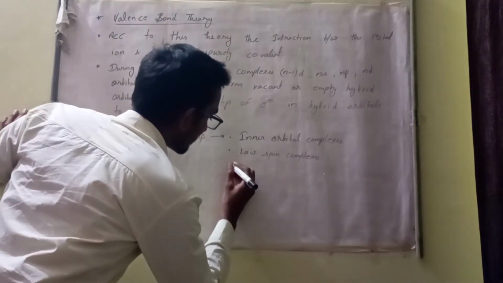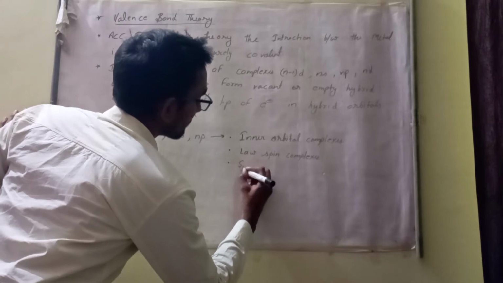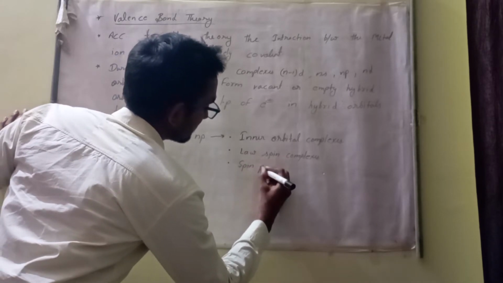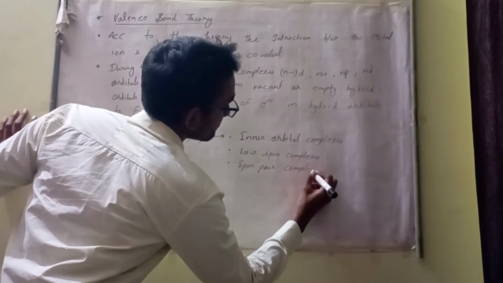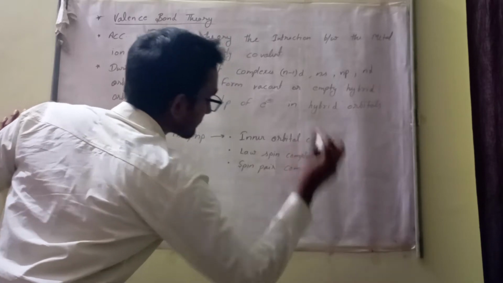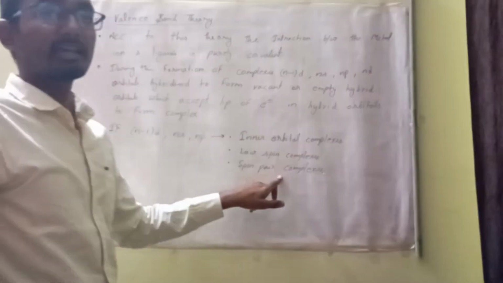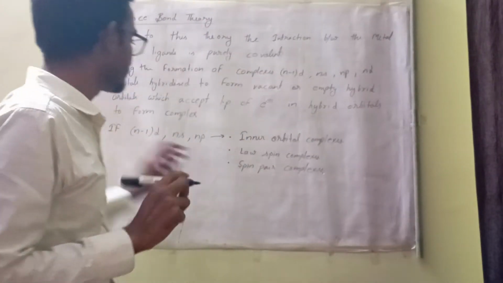And low spin complexes are spin paired complexes. Spin paired means there is no unpaired electron.